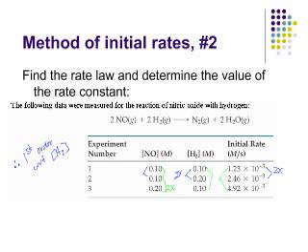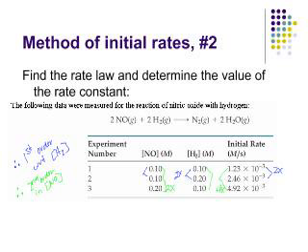And then if I look here, it turns out that the rate went up by a factor of 4. 4.92 divided by 1.23 is a fourfold change. So that is telling me that this reaction is second order in terms of the nitrogen monoxide.